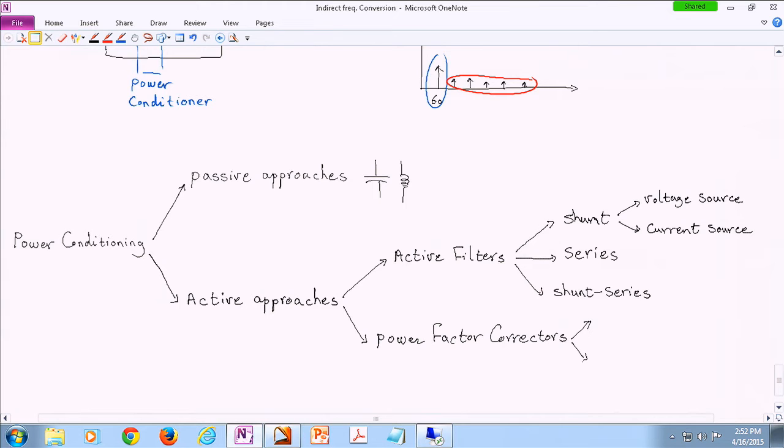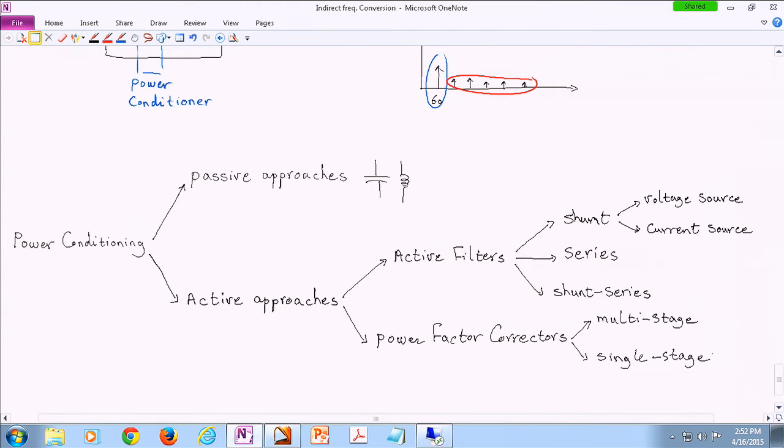One of them is multi-stage, and then single stage. And we're going to see what they are. Okay? So there are different ways of categorizing things. So this is my approach, how to categorize the general concept of power conditioning.